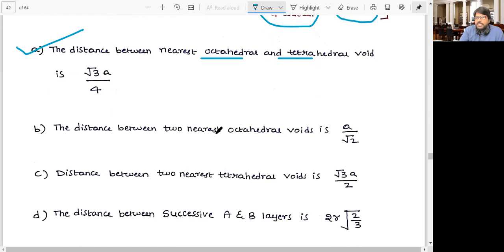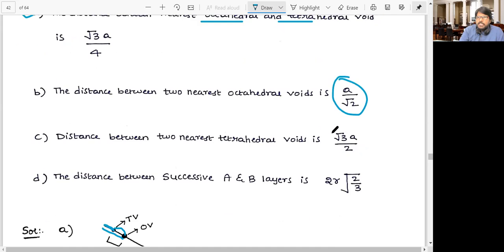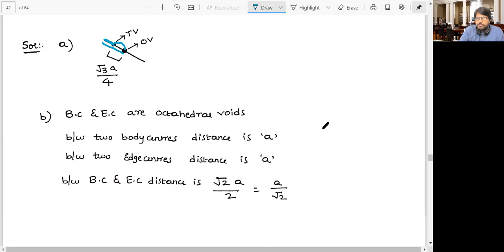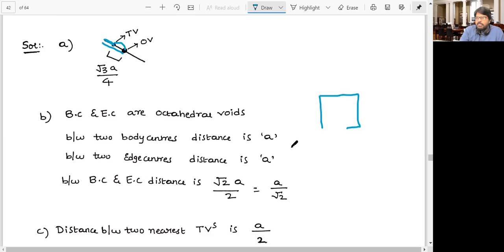Distance between two nearest octahedral voids is a by root 2. See, for example, here I'm taking one face: edge center, edge center, edge center, edge center.